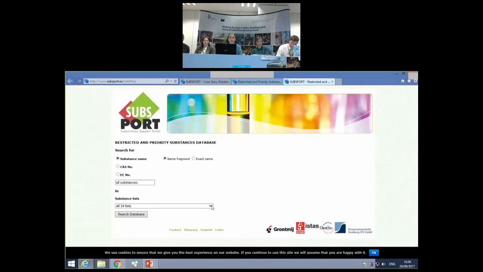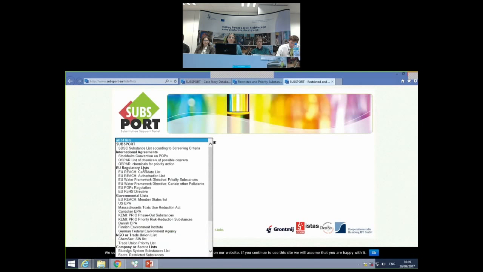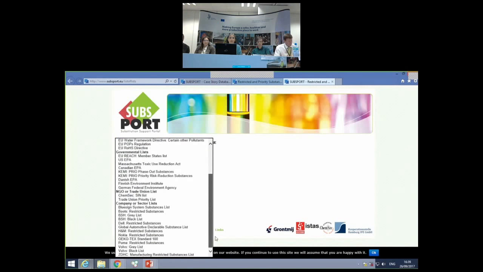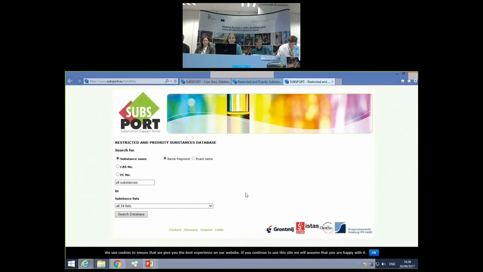Here you can see them. EU regulatory lists, international regulations, like the restricted lists from Boots or from H&M, from Volvo. They have their own lists, and this actually has been, I think, very successful.